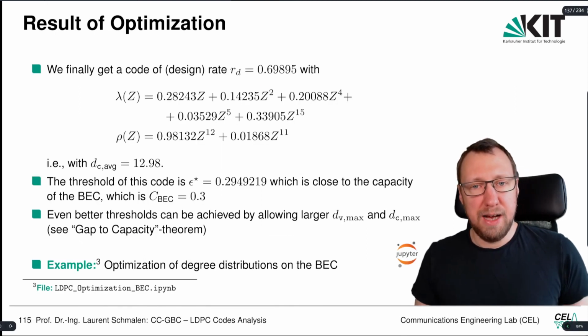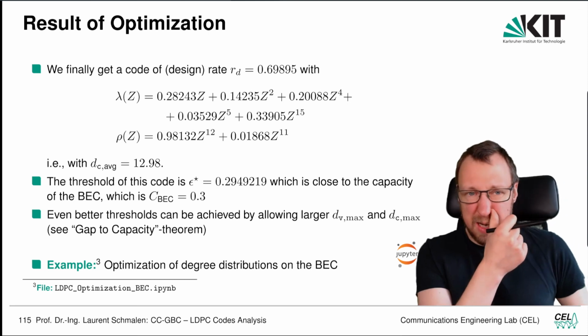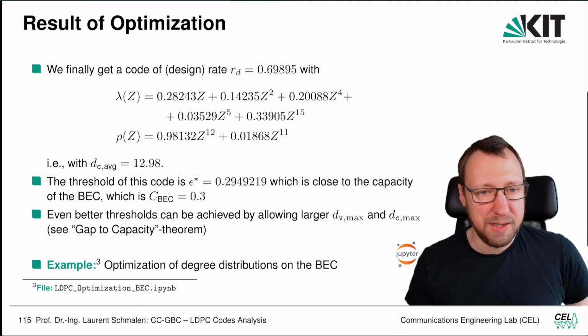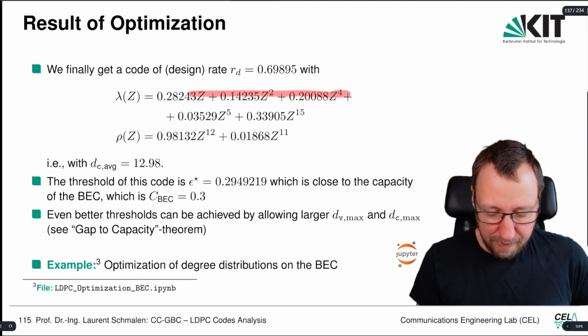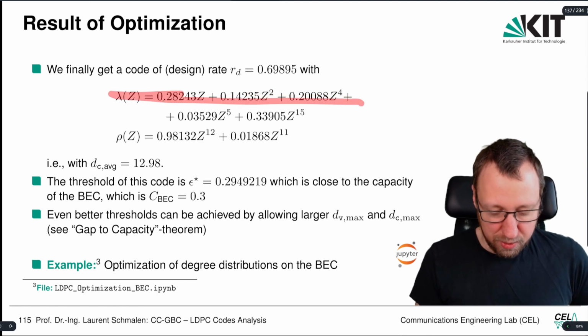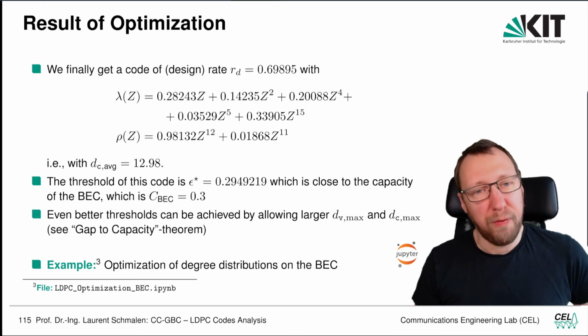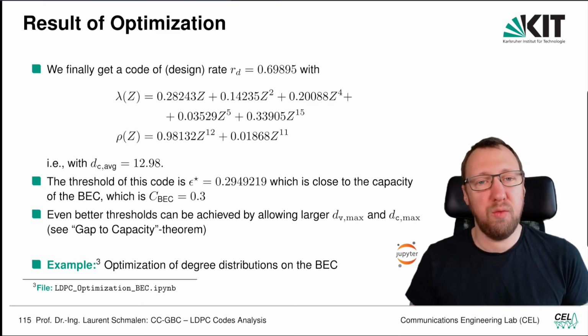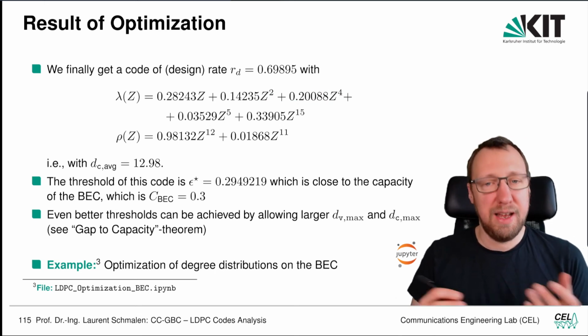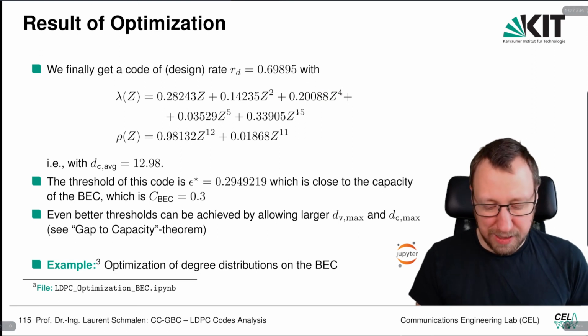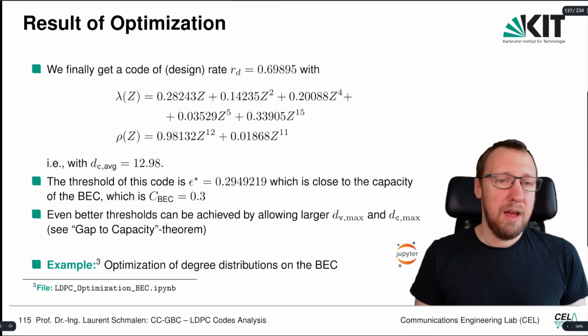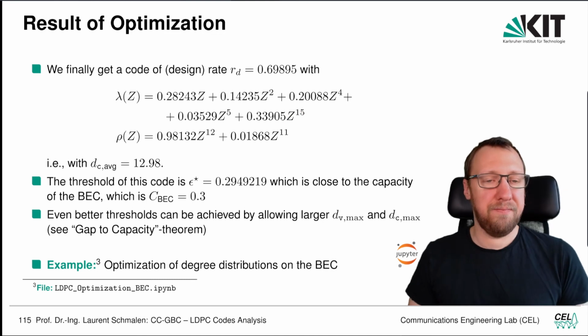So here's the final result. Our lambda of z is given by this. So lambda of z is 0.28243 times z plus 0.14235 times z squared, and so on. So we have a maximum degree of 16. That's what we get over here.